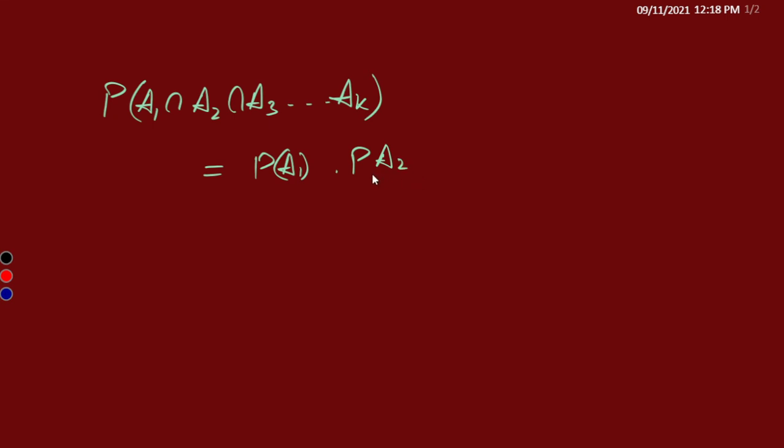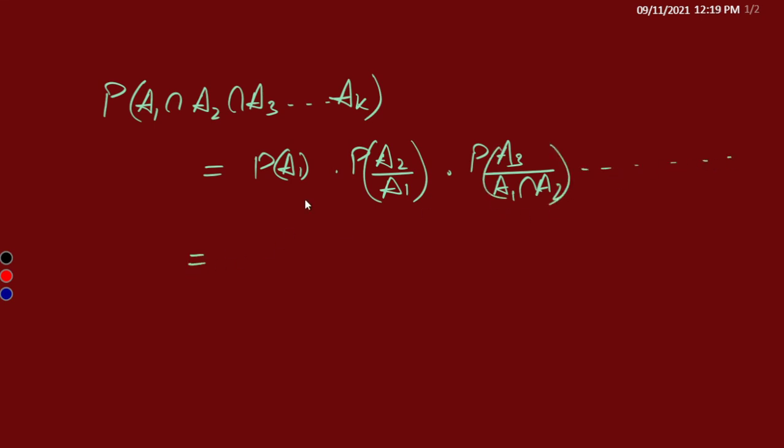So in such a case, probability of A1 intersection A2 intersection A3, that is simultaneously happening up to AK, let me call it K, should be the same as probability of A1 into probability of A2 given that A1 has already occurred, into probability of A3 given that A1 intersection A2 has already occurred, and so on.